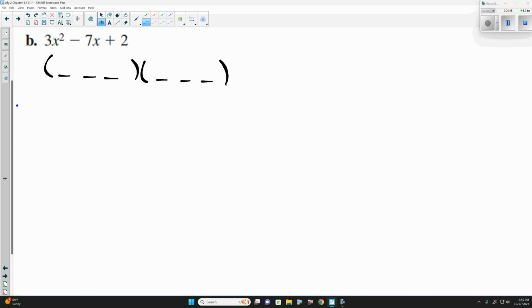Got that finished. Step number 3, find the sign. If the third term is positive, then the signs are the same and they match the sign of the middle term. So here, the third term is what? Positive.